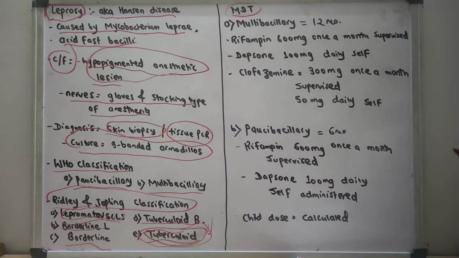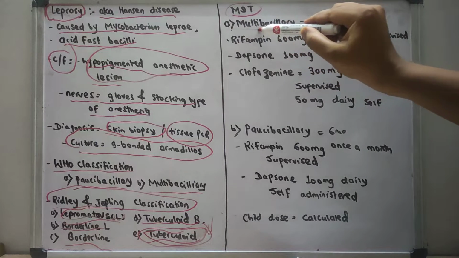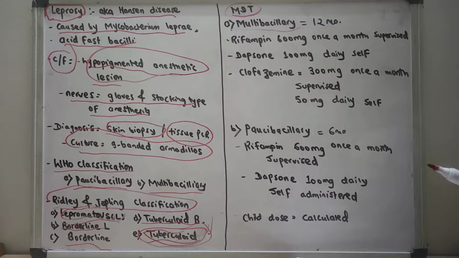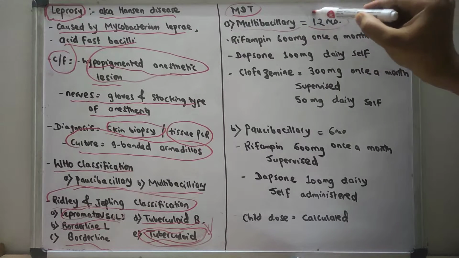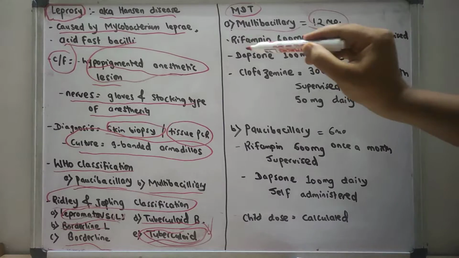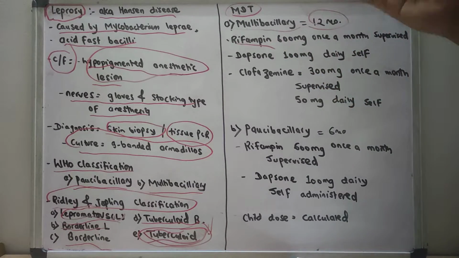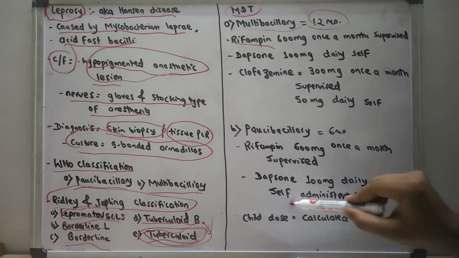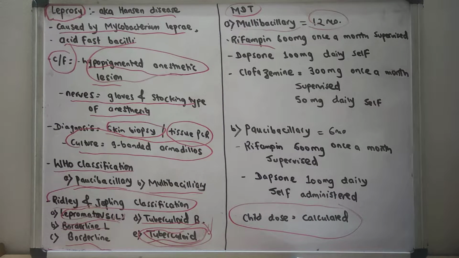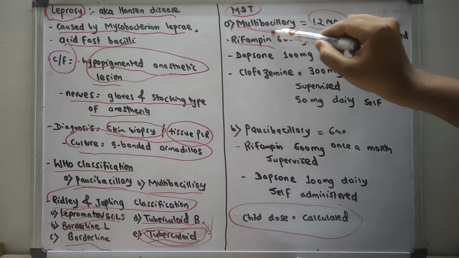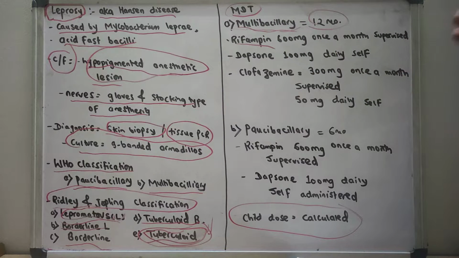That means the various anti-leprotic drugs. First of all, let us talk about the patient with multibacillary leprosy. The course of multibacillary leprosy is 12 months. We give rifampicin 600 mg. I am saying this for the adult. The child dose is calculated and given accordingly, but this is the adult dose. If there is multibacillary leprosy, then it is given for 12 months.